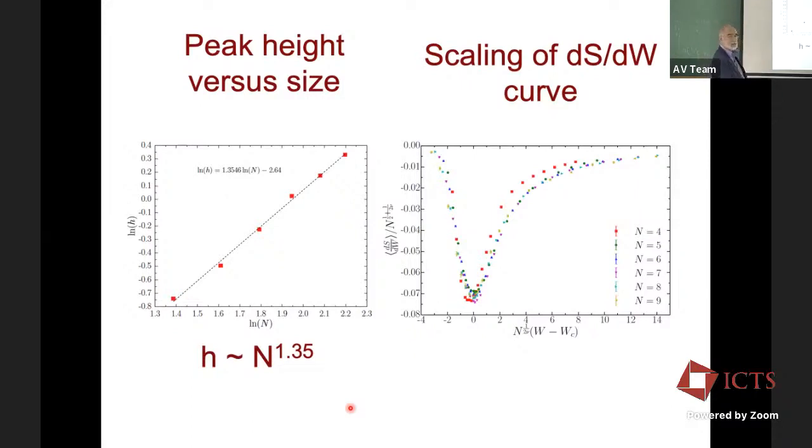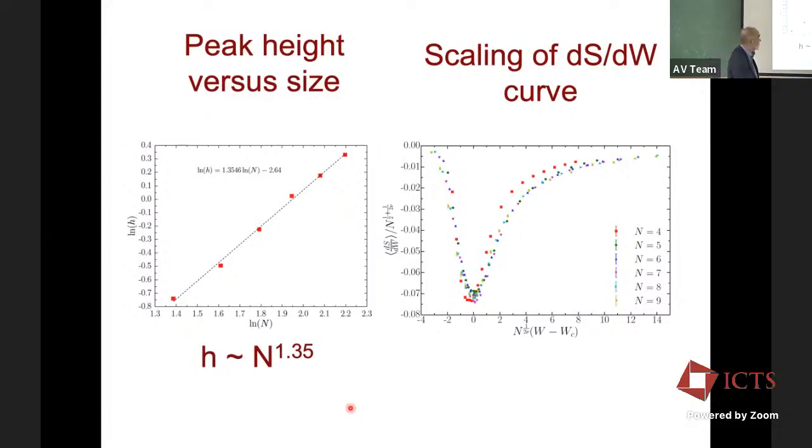And I would say it's reasonable. It's not fantastic, but the one that doesn't scale well is the smallest size, and that's what one would expect. N equals 4 is very small, but 5, 6, 7, 8, 9 seem to be reasonably scaling. So at least it's consistent.